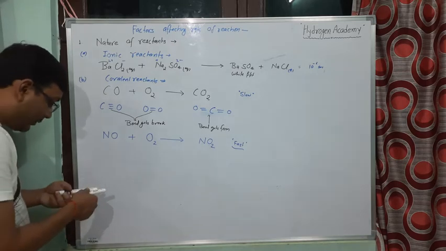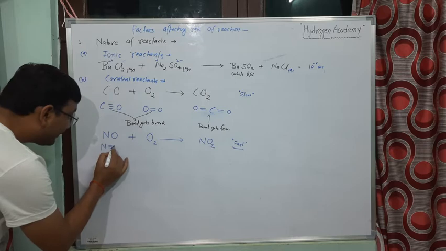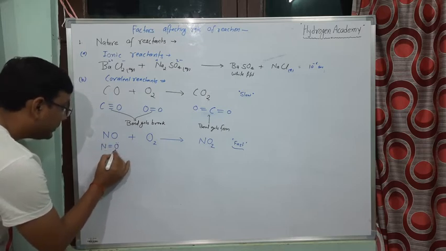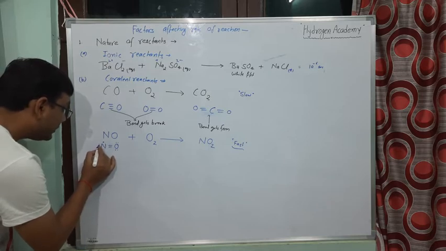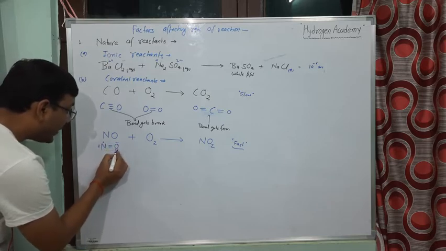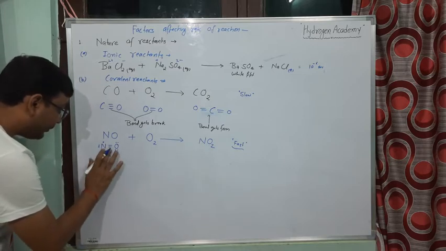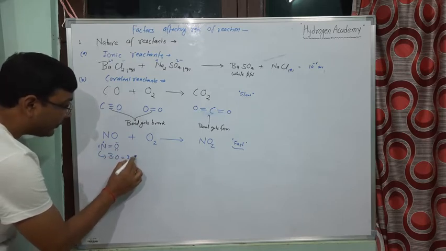The reason is here what? On the basis of molecular orbital theory, between nitrogen and oxygen 2.5 bond is present, means bond order 2.5.